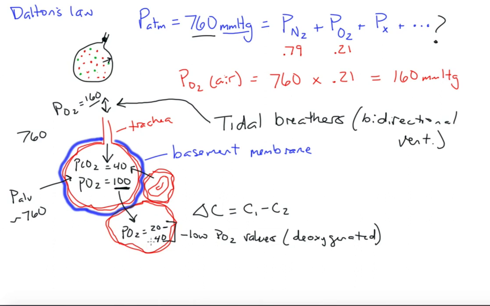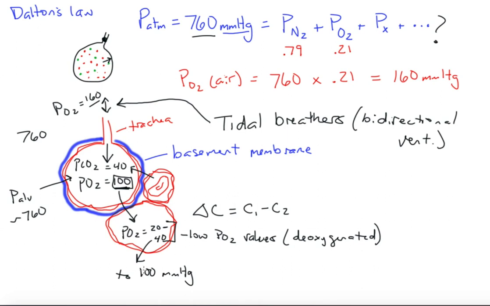But what's going to happen to these values? These values are going to become, right? They're going to equilibrate with this, right? That is the whole point of pulmonary blood flow, is to equilibrate the oxygen in the alveolar air, in the lung air, with the blood, right?